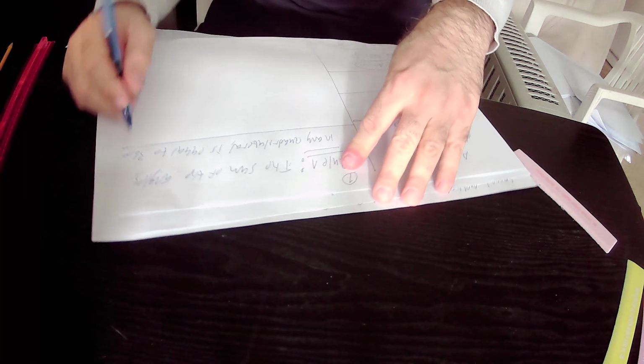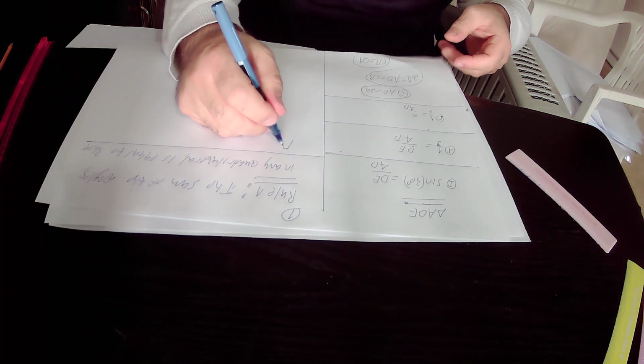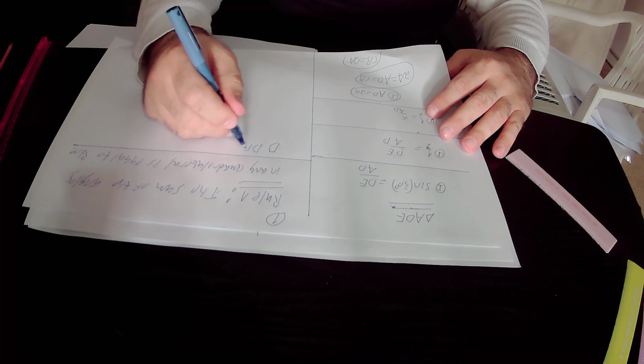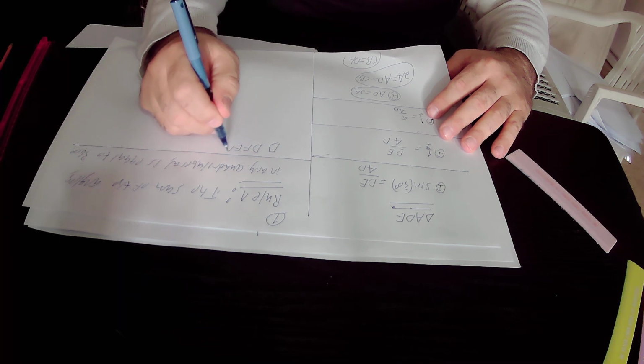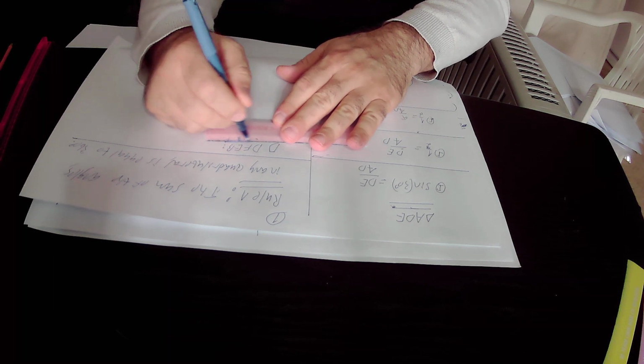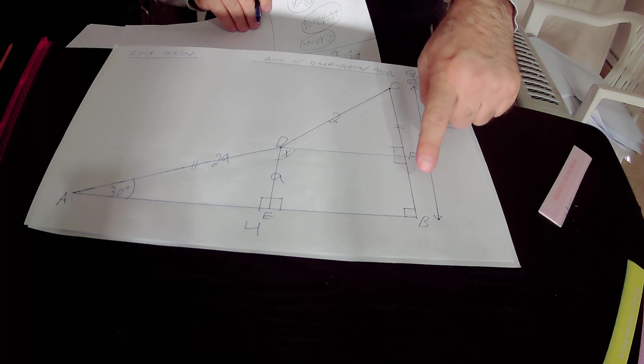And we found out that in quadrilateral DFEB we have three right angles.